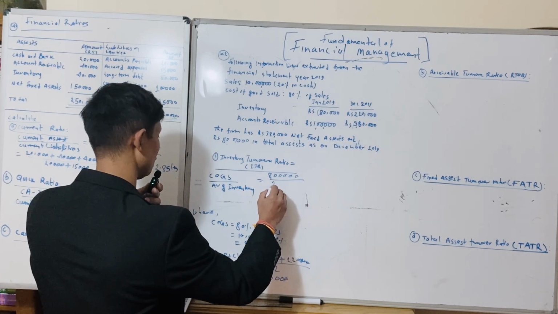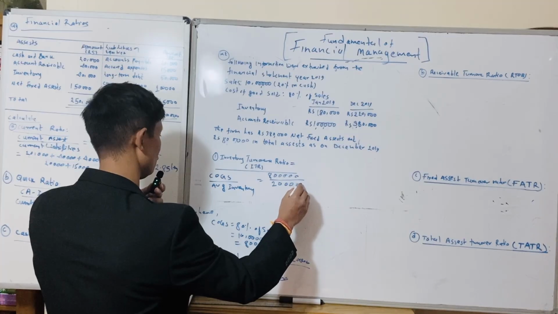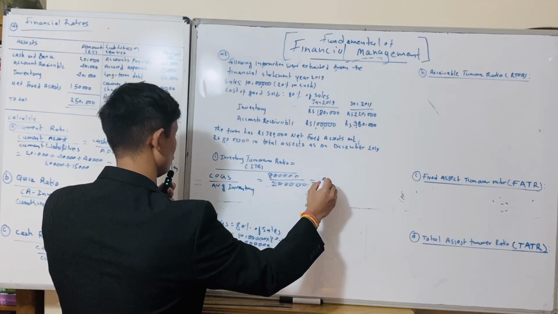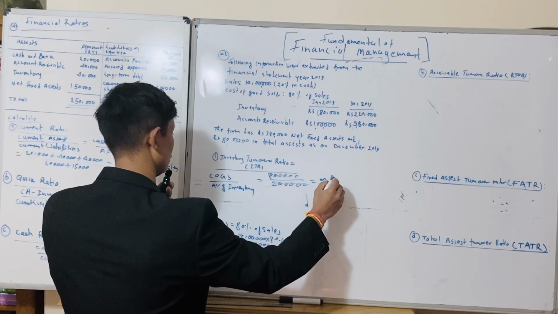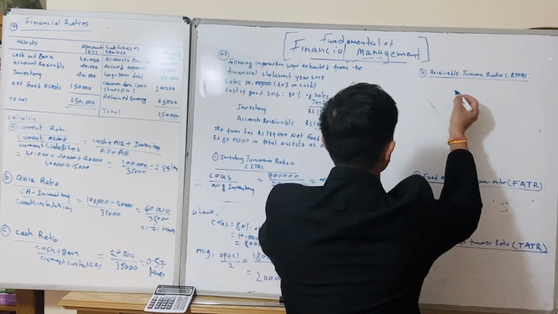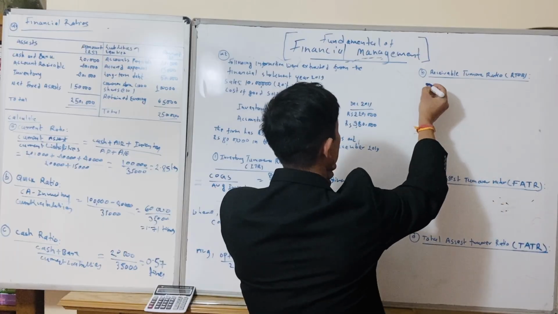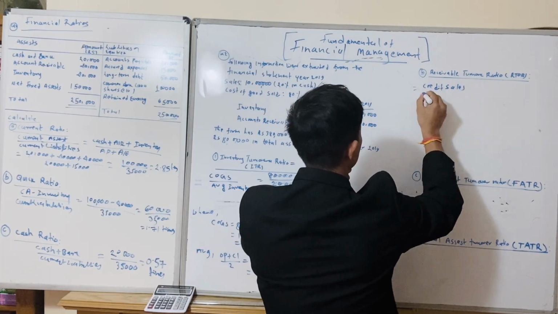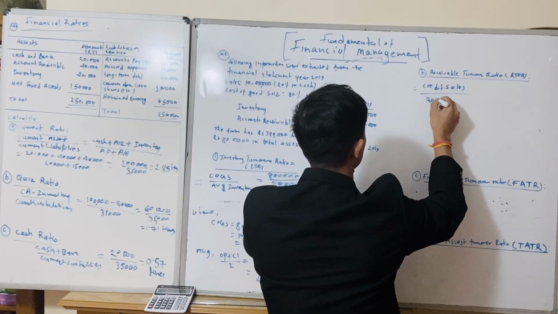So we divide 800,000 by 200,000, and get 4 times.